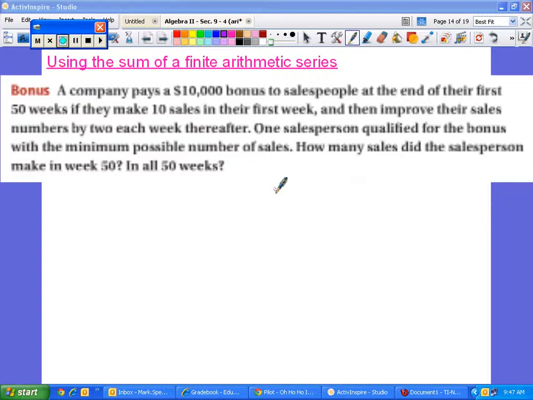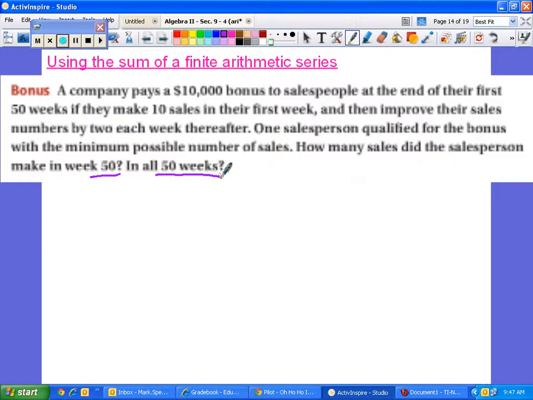the question says that if you make 10 sales the first week and then improve your sales by 2 each week, at the end of 50 weeks you will get a $10,000 bonus. So what we need to do is two things. We have two questions. How many sales did the salesperson make in week 50? And then what's the total number of sales?